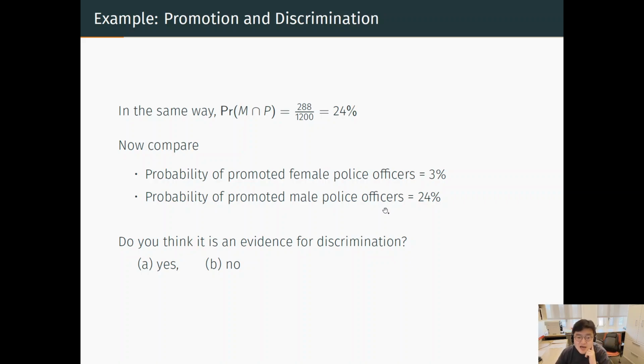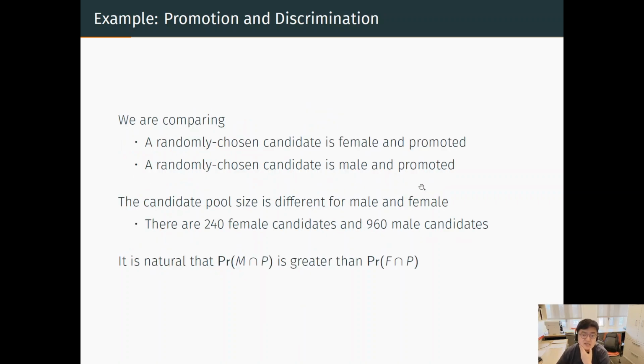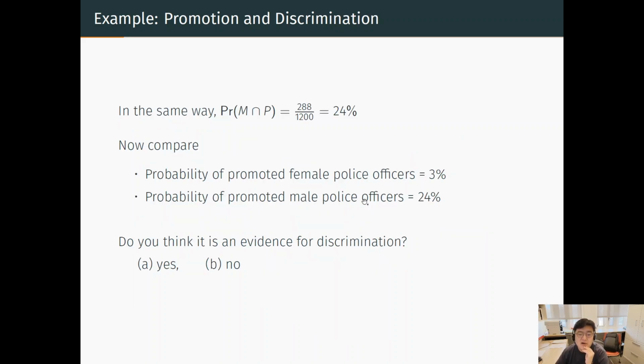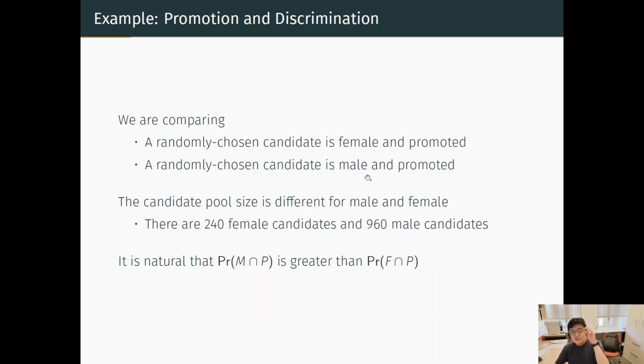Statistically, the answer is no. I'm not saying there is no discrimination, but these numbers are not comparable. You cannot compare these two probabilities because, when you see there are 8 times more male police officers, first you have to think about the underlying experiment.